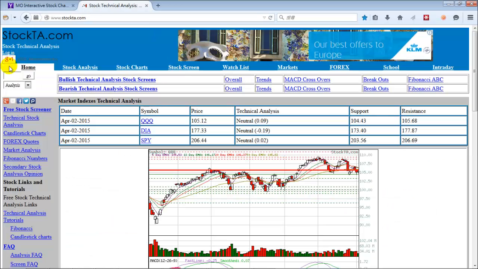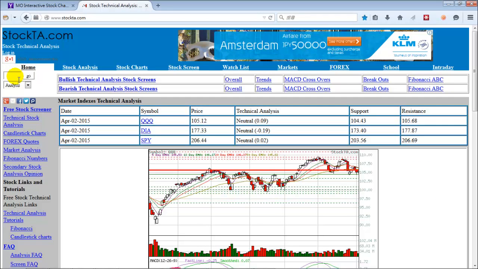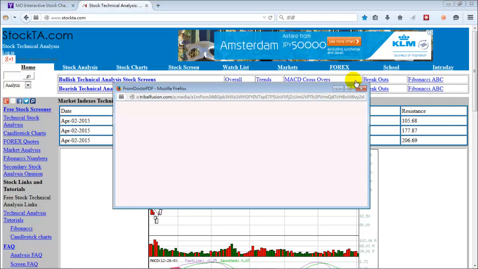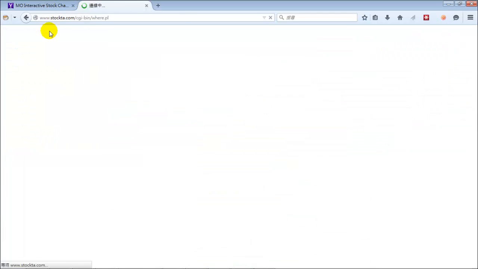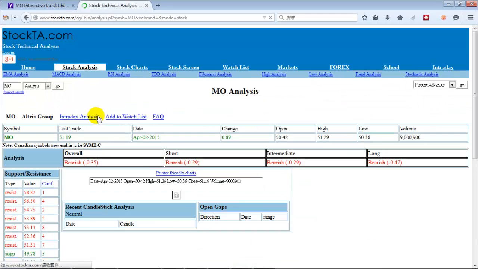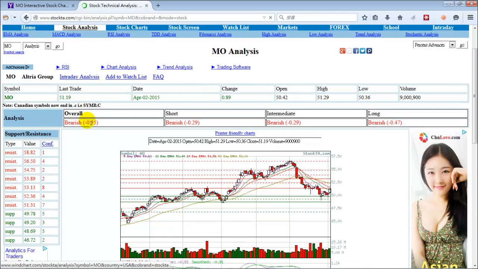Now what's interesting about MO from a long-term perspective, and what makes it a swing trade, is that it's bearish overall. Of course, it looks like it's actually bullish overall, but since we're doing this more or less as a weekly update, we are only going to be looking at the short-term trends, which are still bearish.